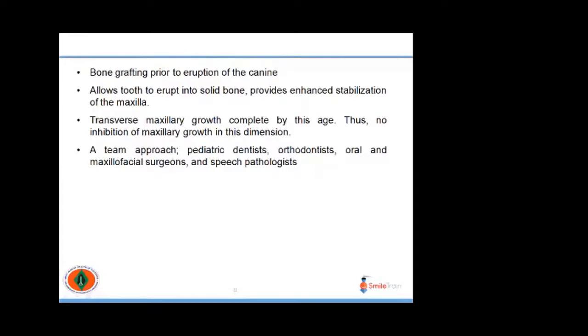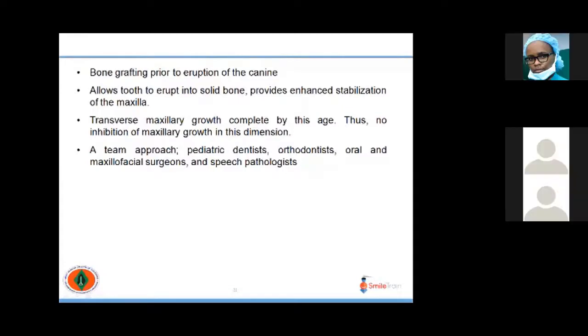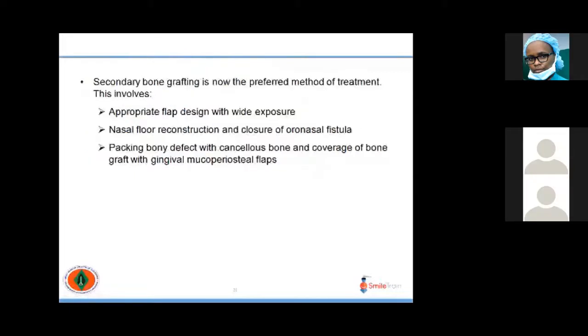Secondary bone grafting involves appropriate flap design with wide exposure, nasal floor reconstruction and closure of oronasal fistula, packing bone defects with cancellous bone, and coverage of bone grafts with gingival mucoperiosteal flaps. Once you are able to do this and you understand the principles involved, then you will be able to carry out a successful alveolar bone graft.